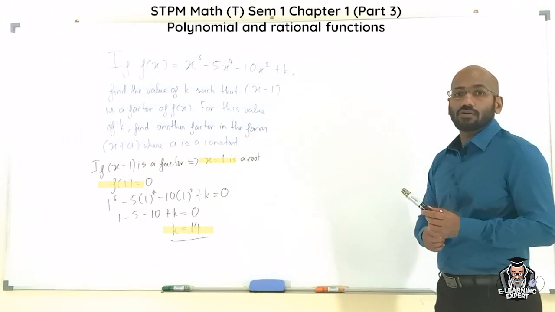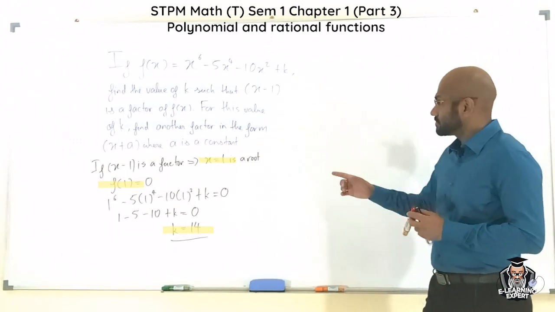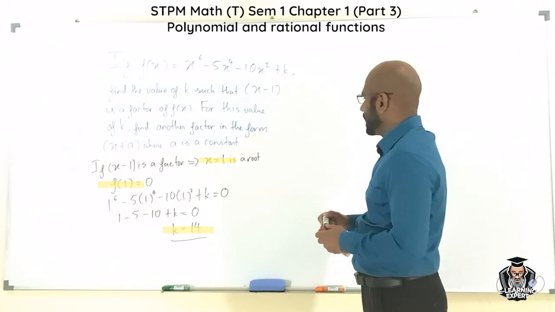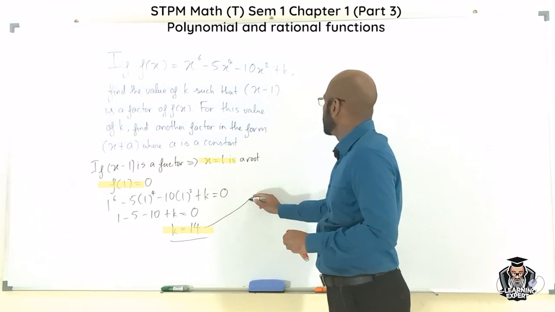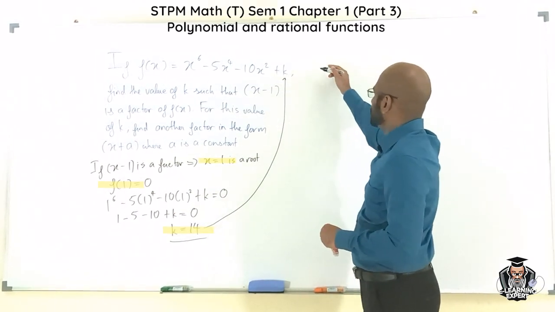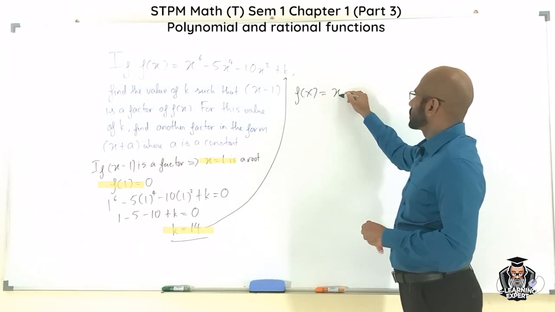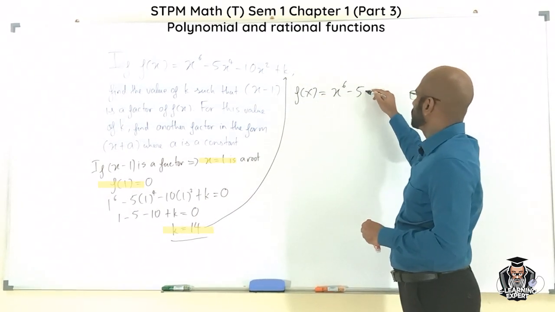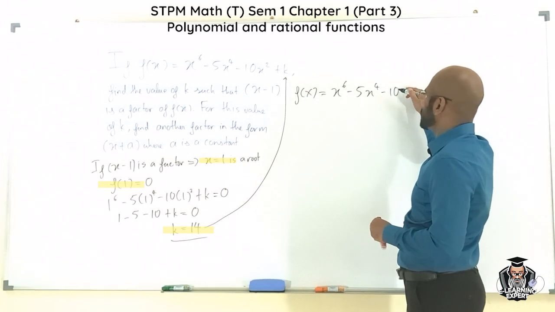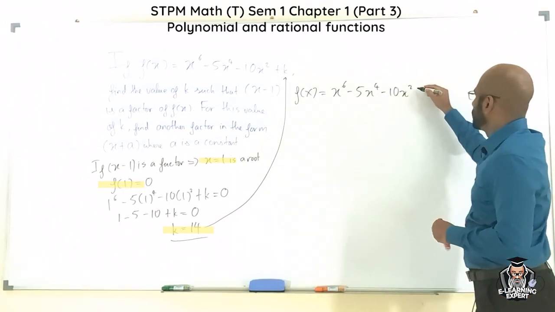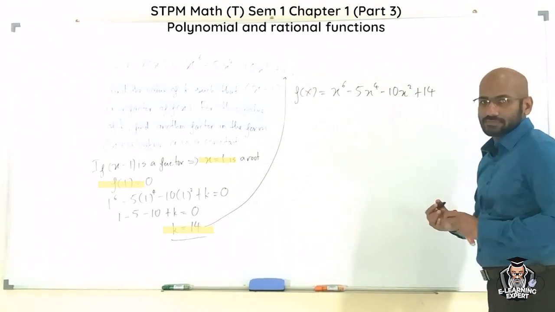Now once we have obtained the value of k, replace k back into the given equation. So therefore now we have f of x equals x to the power 6 minus 5x to the power 4 minus 10x squared plus 14.